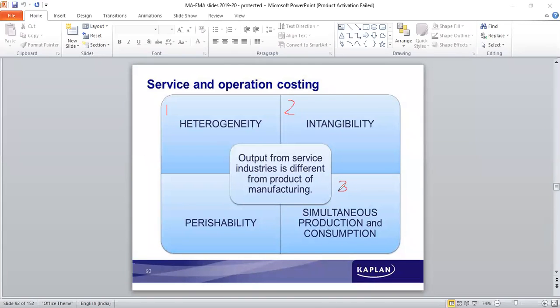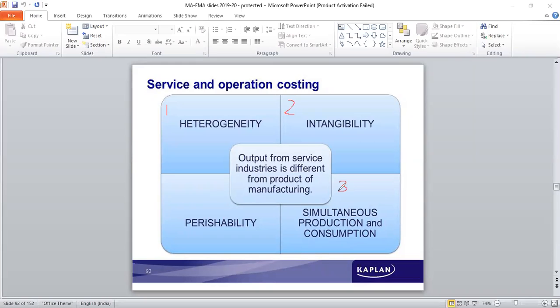But in case of service businesses, the production of the service and the delivery of the service or the consumption of the service, both of them take place at the same time. See, if an accommodation is provided, it's not that accommodation is provided and the client comes and later on takes it.